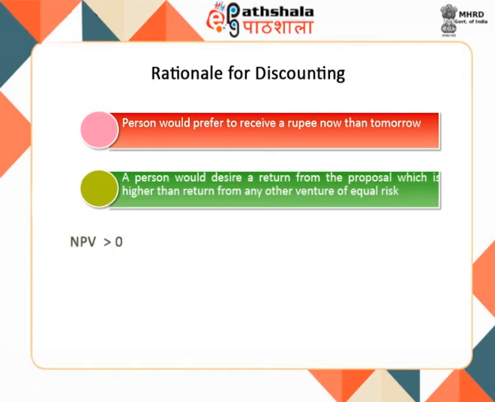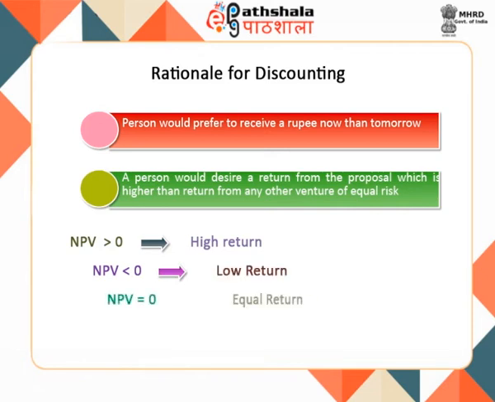If net present value, NPV, the aggregate of discounted net cash flows over the period, is greater than zero, it indicates that the return is higher than in other proposals of equal risk, and if it is negative, then vice versa. A value of zero indicates an equal return.